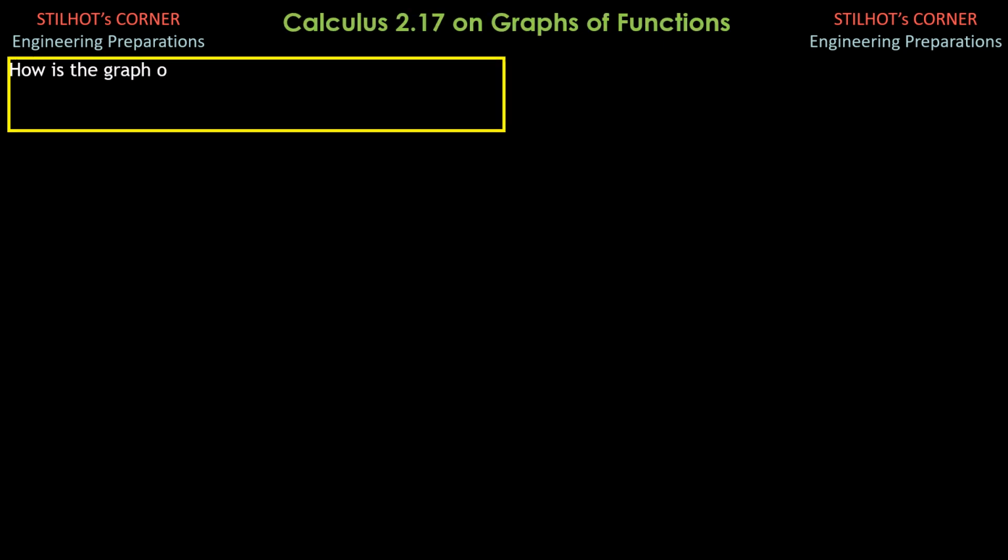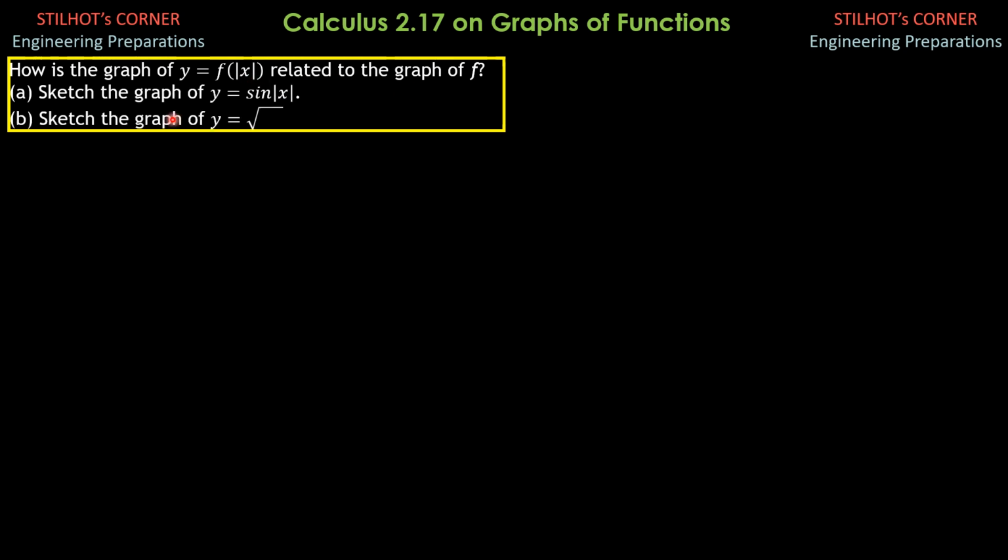So to continue, how is the graph of y equals f of absolute value of x related to the graph of f? Sketch the graph of y equals sine absolute value of x. Sketch the graph of y equals square root of absolute value of x. So by our experience with the preceding slide, the portion of the graph of y equals f of x to the right of the y-axis is simply reflected about the y-axis.